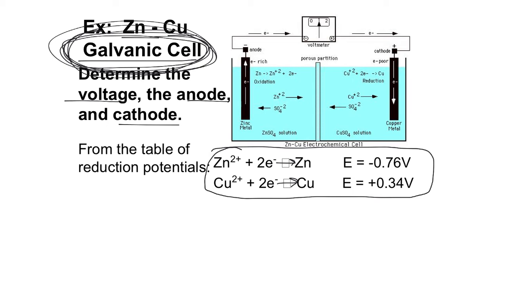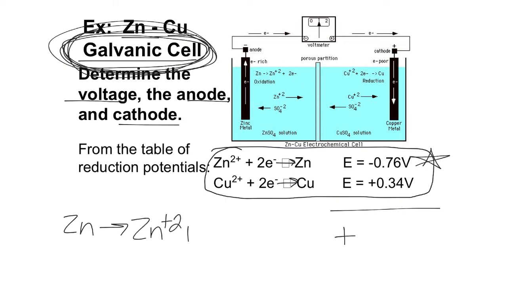All right, so we think about it. If I want my overall voltage to be positive, I would need to flip the zinc one, because if I flipped the copper, then I'm going to end up with a negative voltage overall. So if I flip the zinc one, making zinc get oxidized, then the voltage for that would be plus 0.76.